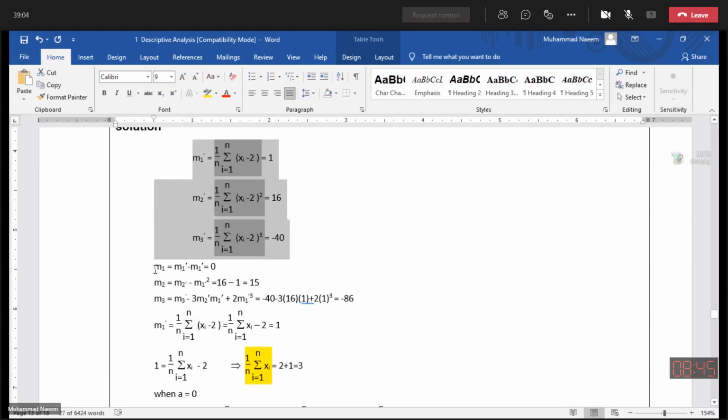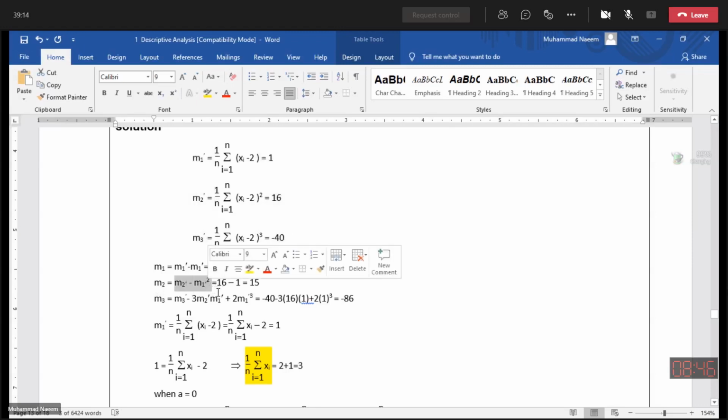These prime moments. First moment about mean is always 0. Second moment about mean is with this relation. M2 prime is 16, M1 prime is 1. So 16 minus 1 square, we have 15.